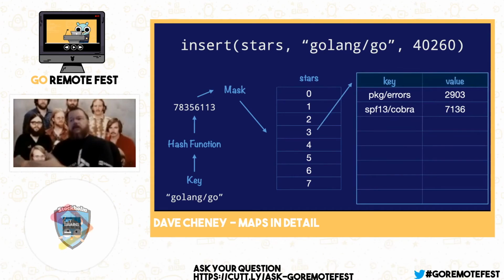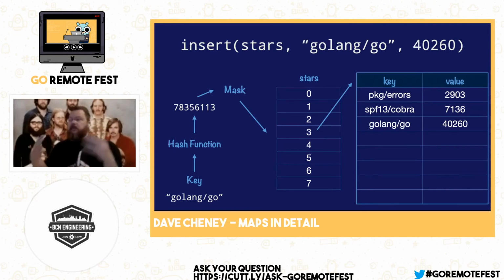So we go to index number 3. We look at the bucket in here, and now it's simply a case of walking down the list of entries in that bucket and putting golang/go and the value into the map.